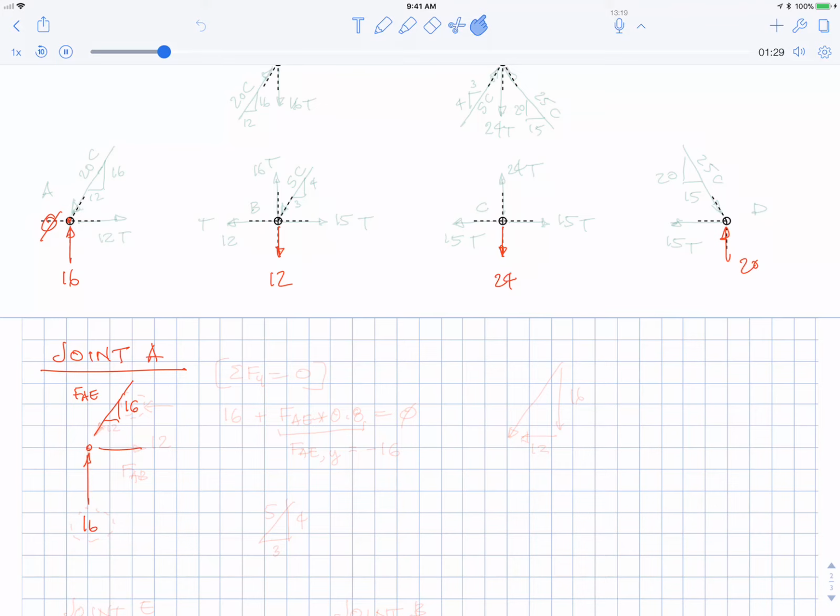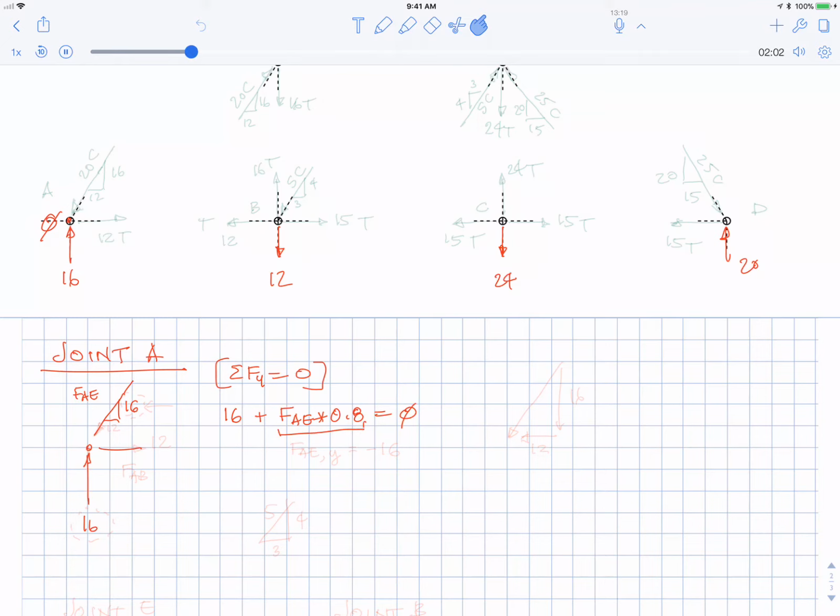What we wrote before was FAE times 0.8 plus 16 equals 0, and then we solve for FAE. Well, what I'm doing, let me just write out the equation. Sum Fy equals 0, and I had 16 plus FAE times 0.8 equals 0.